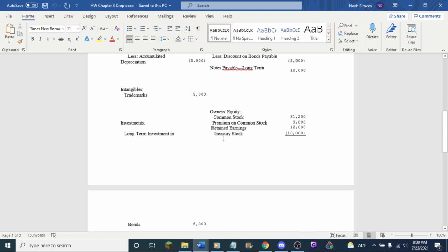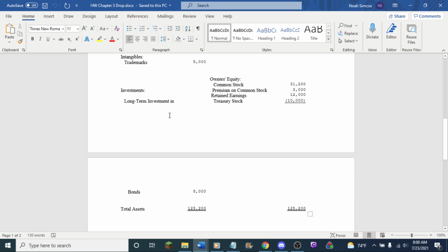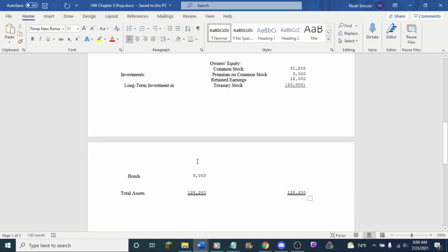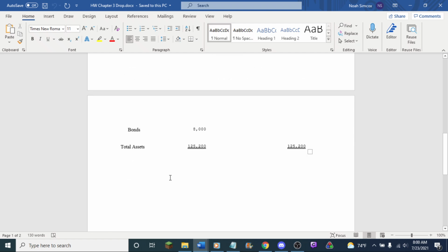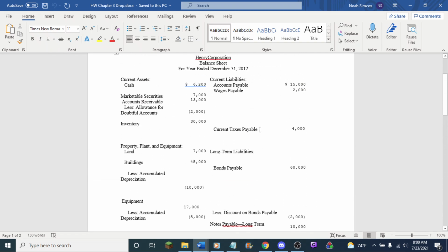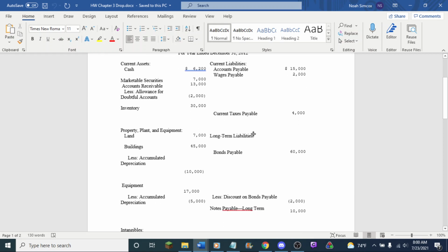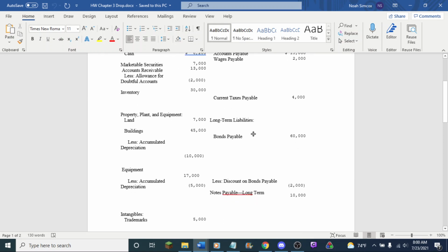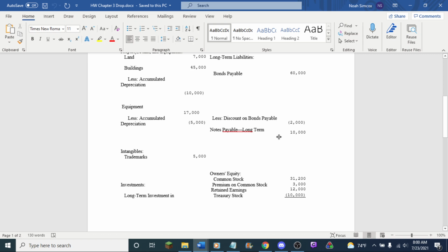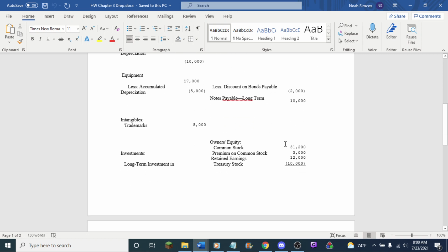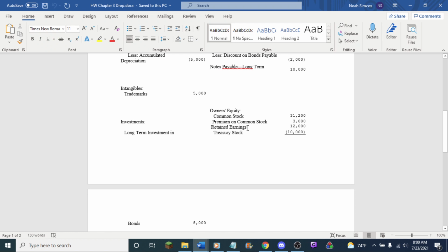Investments are assets. Long-term investment in bonds is an asset. And then we have liabilities. And then bonds payable, less discount on bonds payable. Notes payable long term. Owner's equity, common stock, premium on common stock.